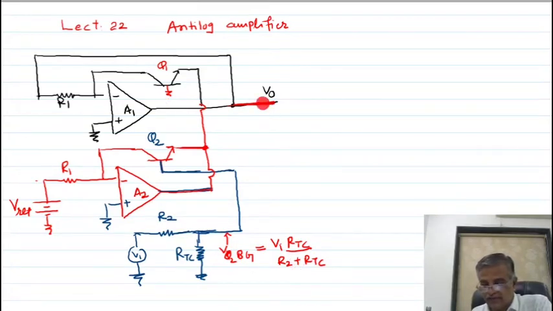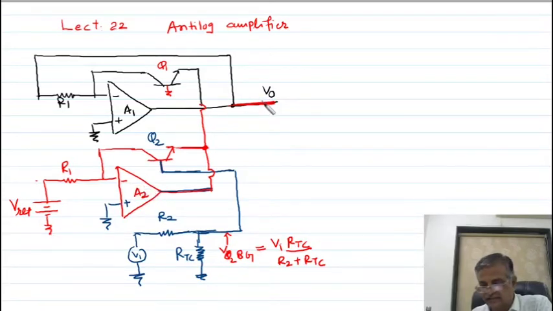The output of the anti-log amplifier is given to the inverting terminal of operational amplifier A1 through R1. Here the V reference is given to the inverting terminal of the A2.